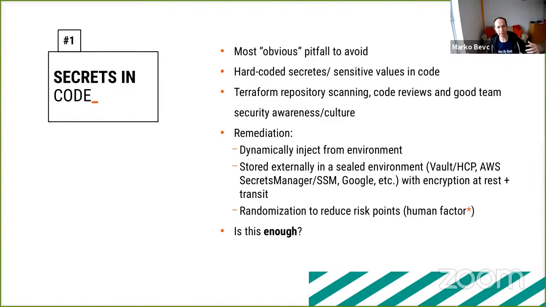Rather than having a predefined secret in a sealed environment, maybe try to randomize the value, store it in the sealed environment, and fetch that value dynamically from the Terraform code. Obviously, there are different options for how to approach this. A lot of sealed environments or external secrets managers do support automatic secrets rotation and such, so you might even want to do that rather than just pure randomization.